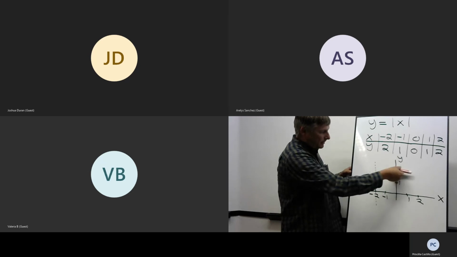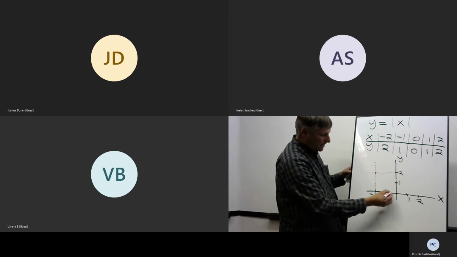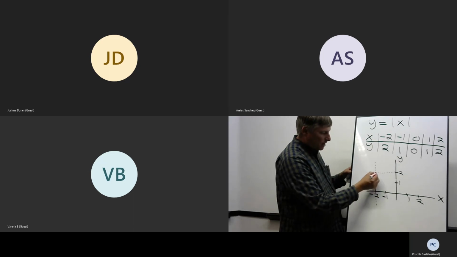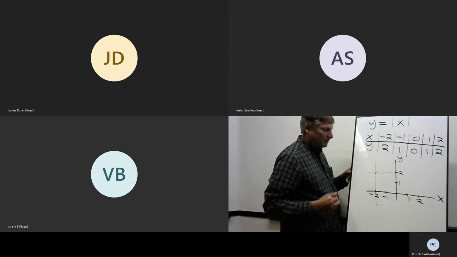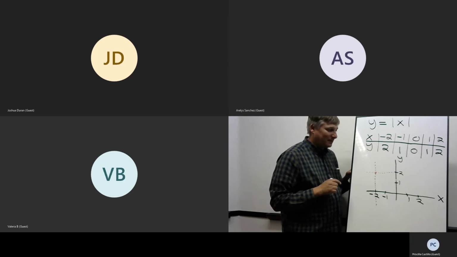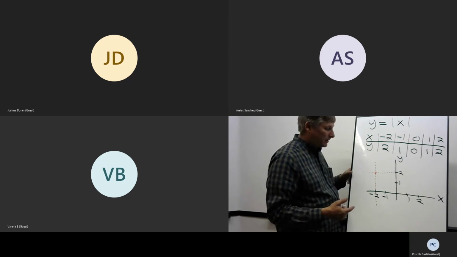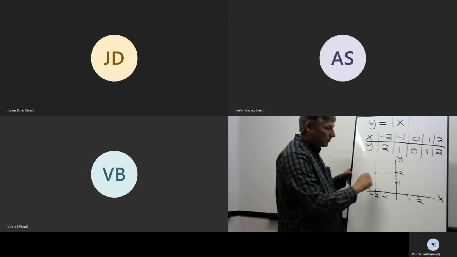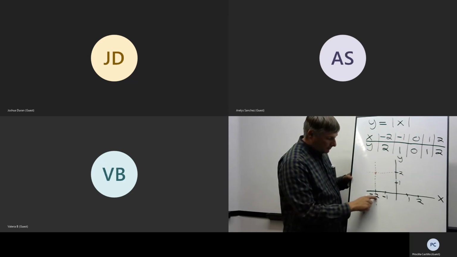Well, the y is going to be up here. So you can walk out to here, then walk up to here, and that's going to be your point. But however you want to locate the point, you can use the vertical and horizontal lines as well. Whatever method's going to work.